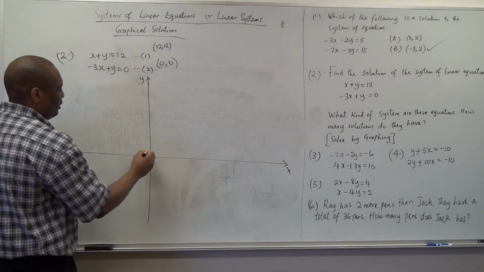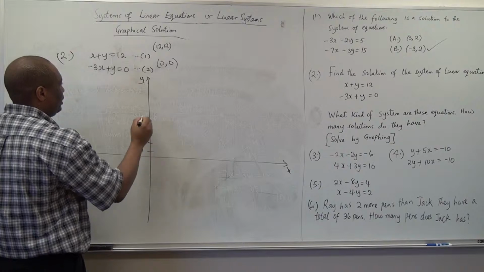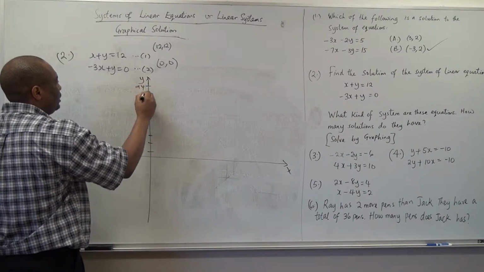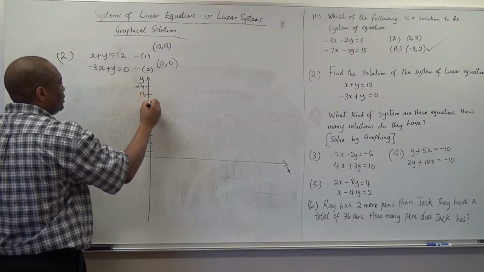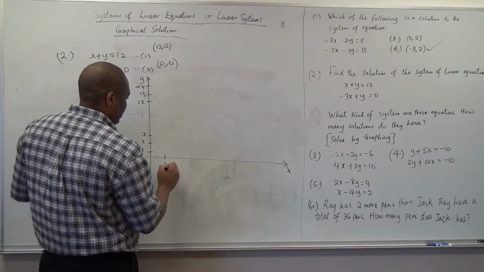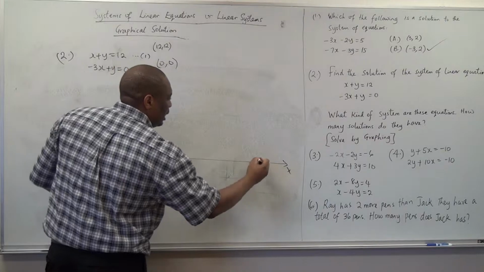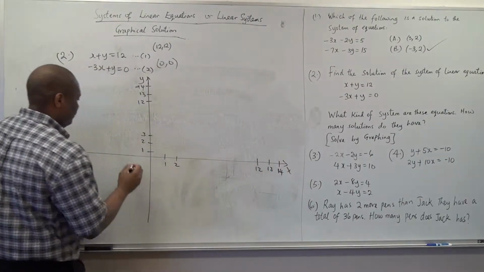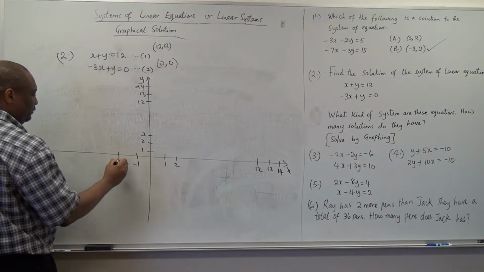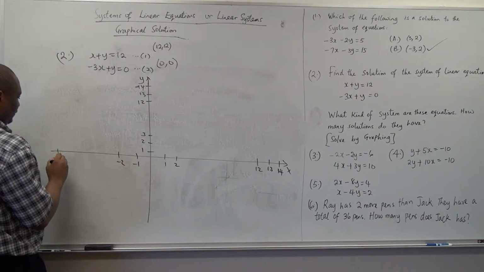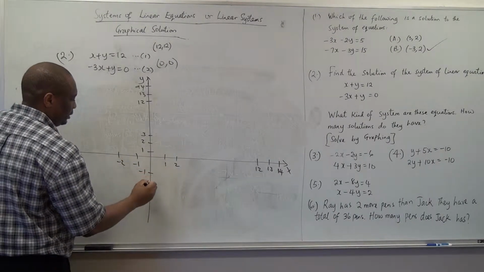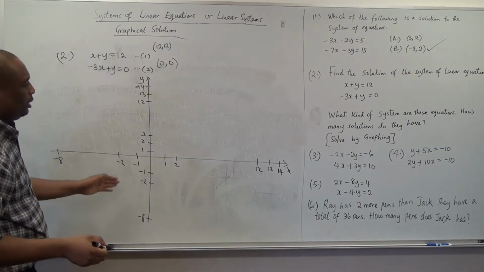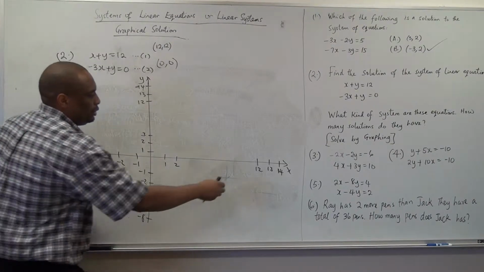Of course, in your graph, you might want to label it, maybe 14, then 13, 12, and maybe I have it here. I have up to 12, 13, 14, and I have the same thing here, negative 1, negative 2, up to negative 8, maybe, or negative 14, whichever one you choose to do.